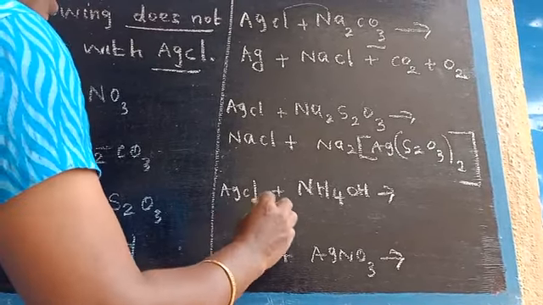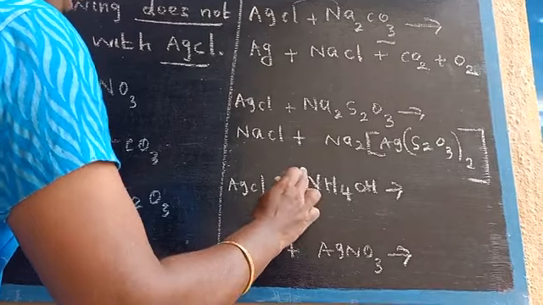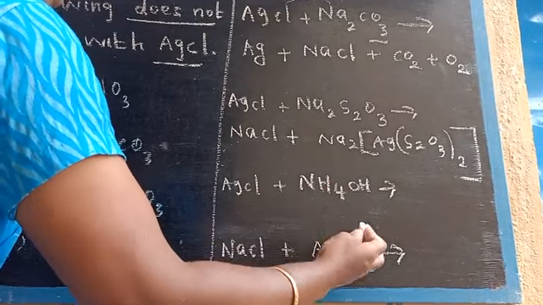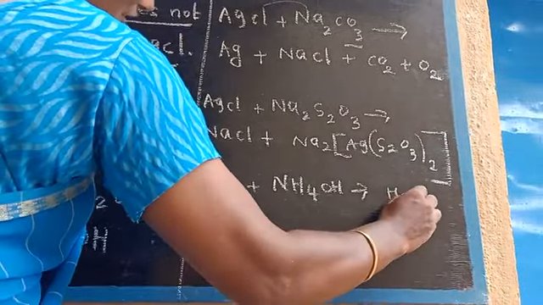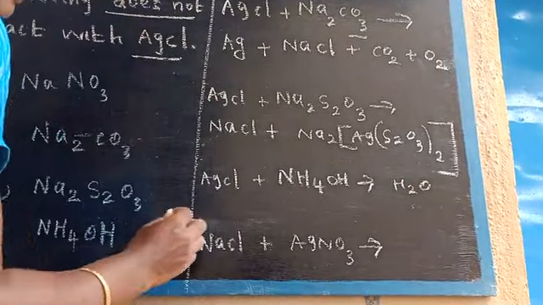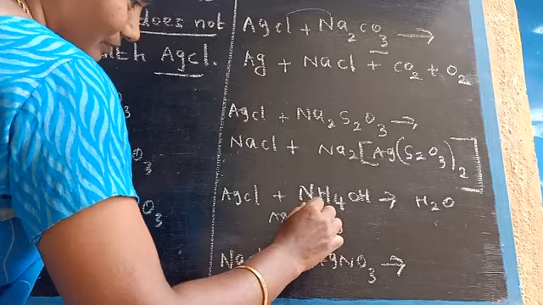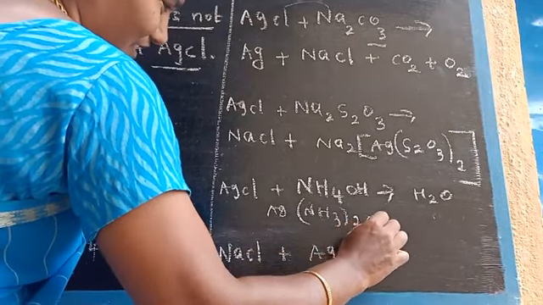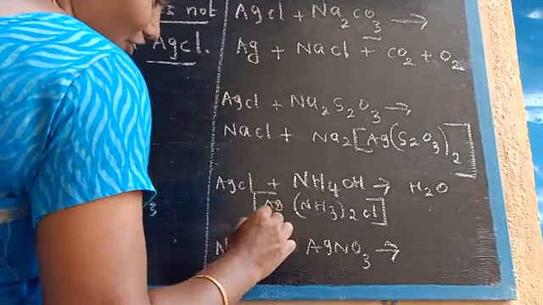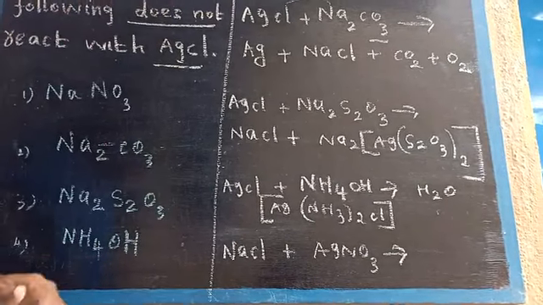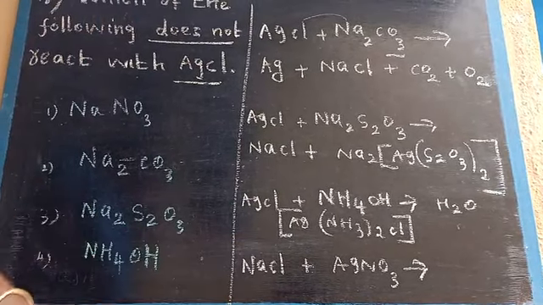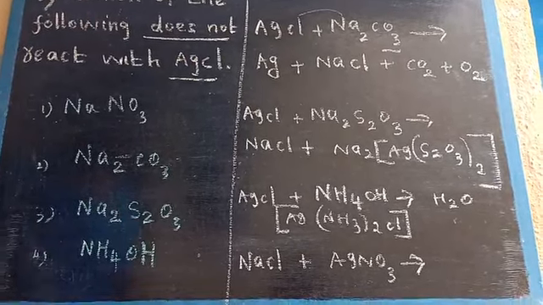What is the product? The hydroxide group gives a water molecule, H2O, and [Ag(NH3)2]Cl. This is also a complex compound produced, [Ag(NH3)2]Cl plus a water molecule.